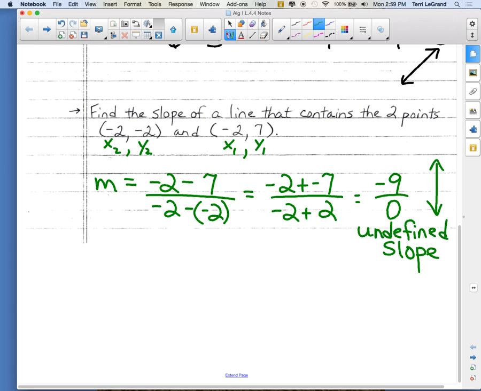What if it was 0 over 9? Is 0 over 9 undefined also then? That'd be 0, because you can divide into 0. 0 divided by anything other than itself is 0, so you would have a horizontal line then. So you can have a 0 slope, right? But you can't have an undefined slope.